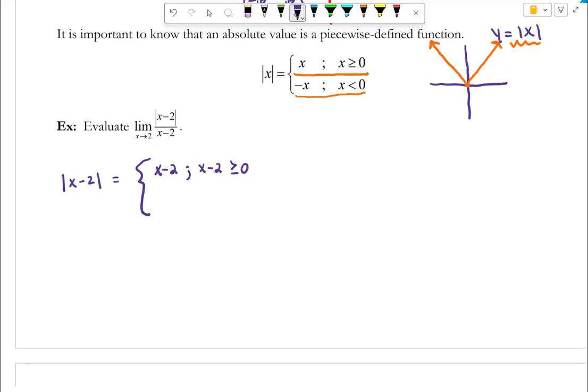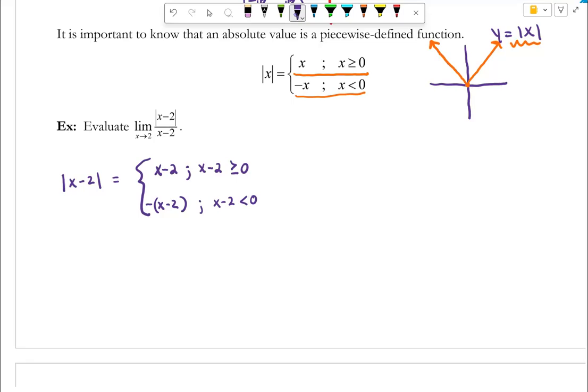However, if my expression x minus 2 yields a negative number, I know to find the absolute value, I would have to take the opposite. So multiply this by -1. So again, I'm going to do this anytime x minus 2 yields a negative number, a negative value. So we could start writing our piecewise this way.